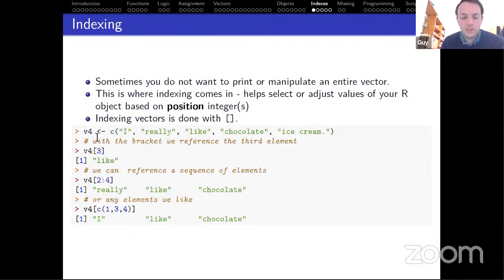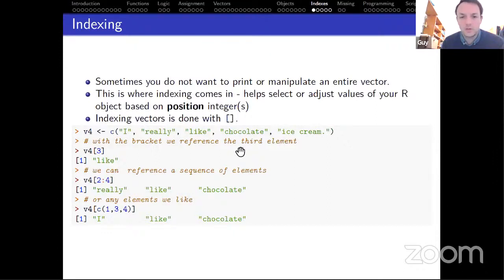Here I've created a vector v4, which is just 5 different bits of text. Here I'm saying I want the third part of the vector v4. With this second input, I'm saying I want the second, third, and fourth parts, so from 2 to 4.